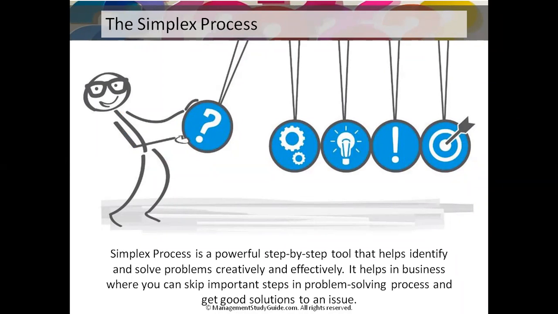Then we have what we call the simplest process. Simplest is a powerful step-by-step tool that helps identify and solve problems creatively and effectively. It helps in business where you can skip important steps in problem solving and get good solutions to the issue.